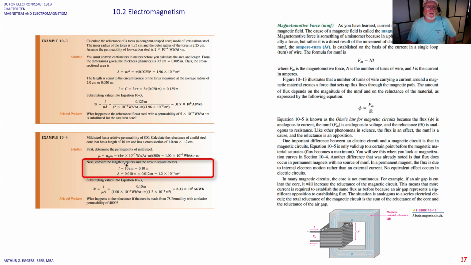Next, we can convert the length to meters and the area to square meters. The length, 10 centimeters, gives us 1/10 of a meter. The cross-sectional area is 1.2 times 10 to the minus fourth meters squared. Substituting those values into the equation for reluctance, L by mu A, we get 8.33 times 10 to the fifth ampere turns per Weber.